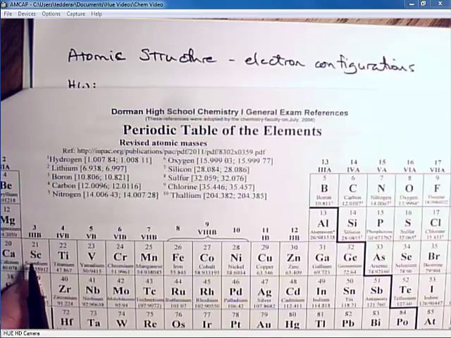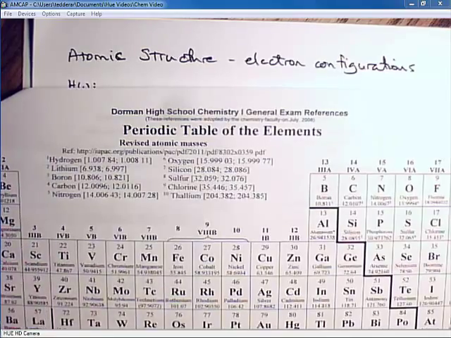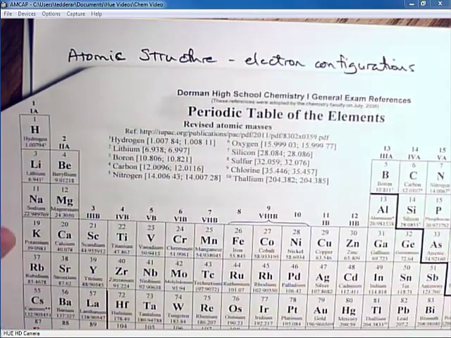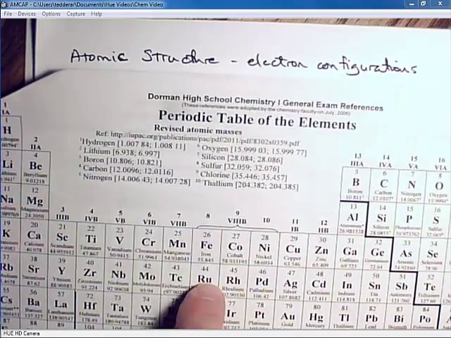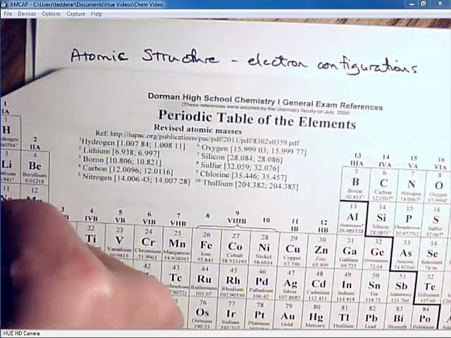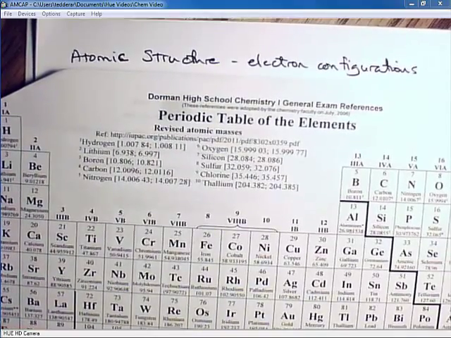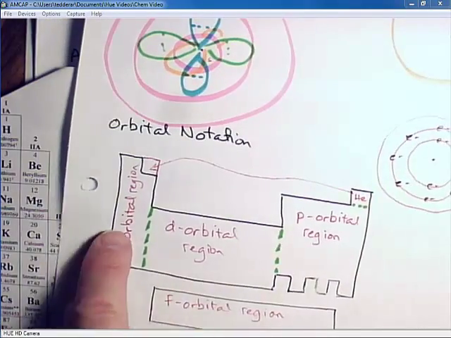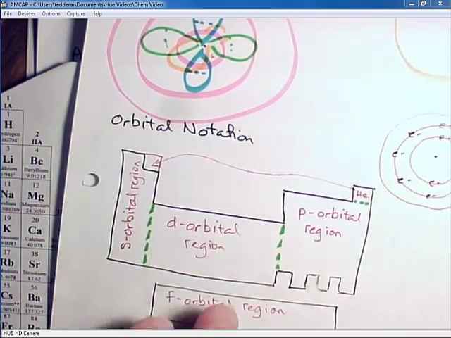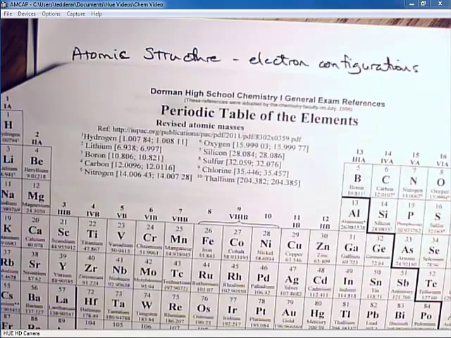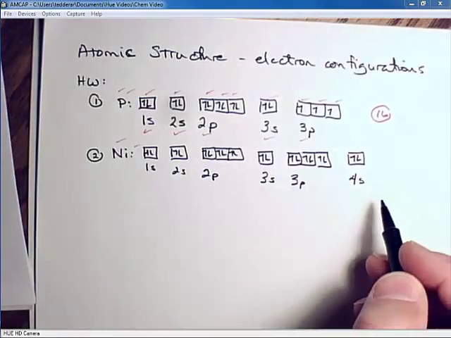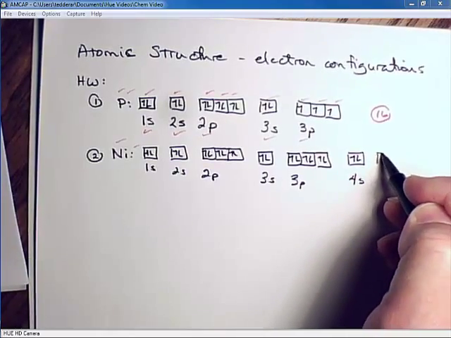So instead of being in 4S, we're now going to drop back to 3D. So this is the S sublevel region, P, and then D sublevel region. And we drew that out yesterday. I'm looking for the notes to remind you. There it is. S, P, D, and F sublevel regions. Okay? All right, so we got 4S. Now we're going to go to 3D.